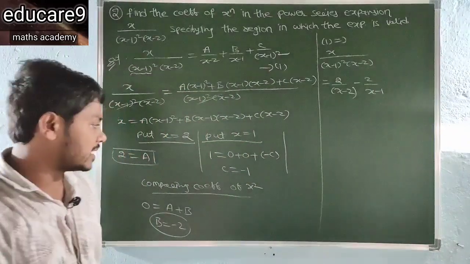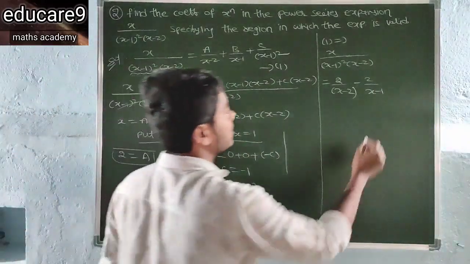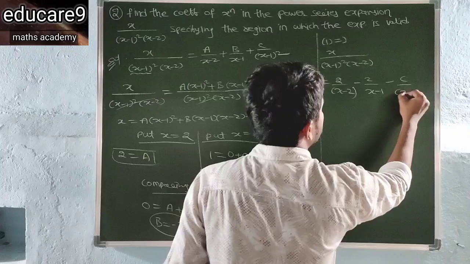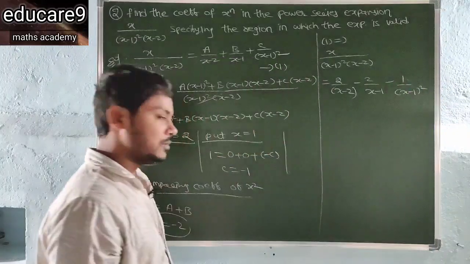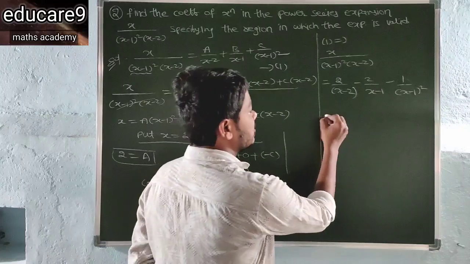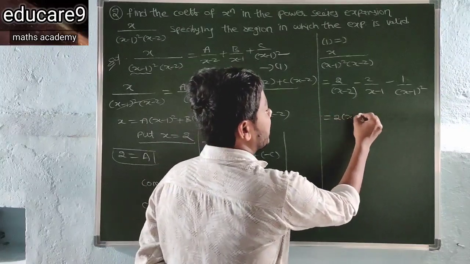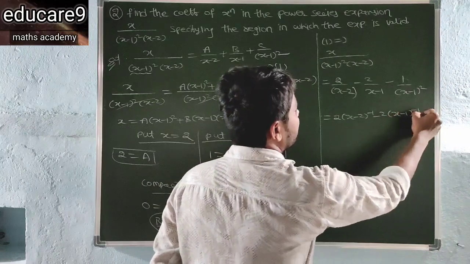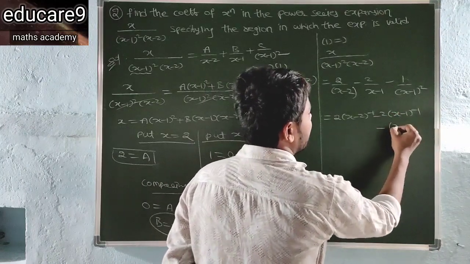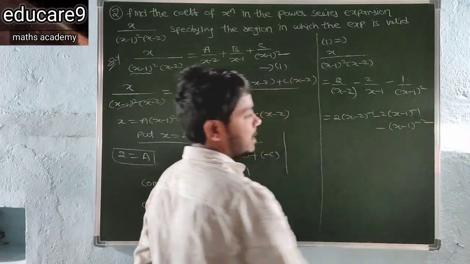Next C by (x - 1) whole square, that is minus 1, so minus 1 by (x - 1) whole square. Okay, so clearly this is 2 times of (x - 2) whole inverse minus 2 times of (x - 1) whole inverse minus (x - 1) whole to the power of minus 2.